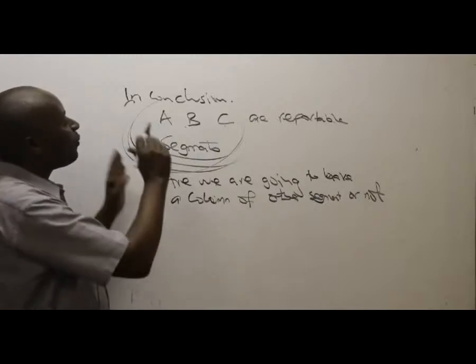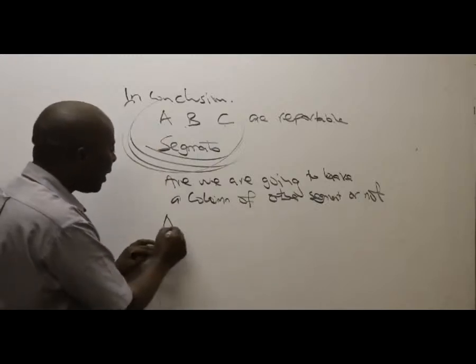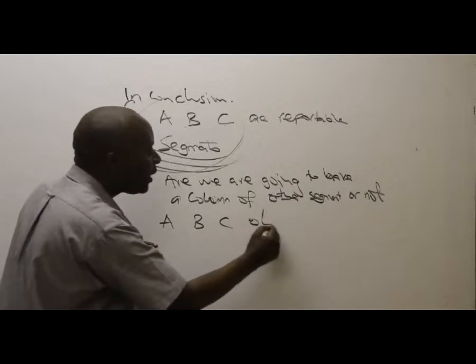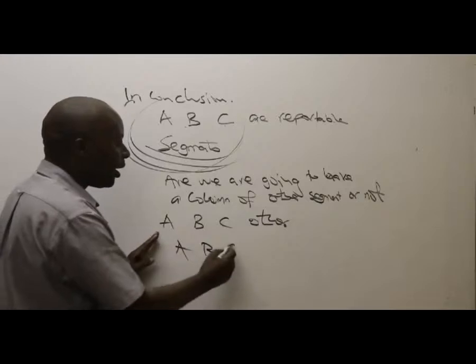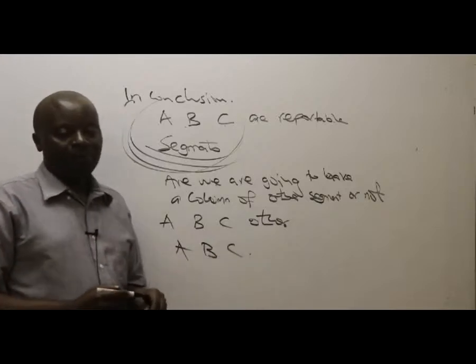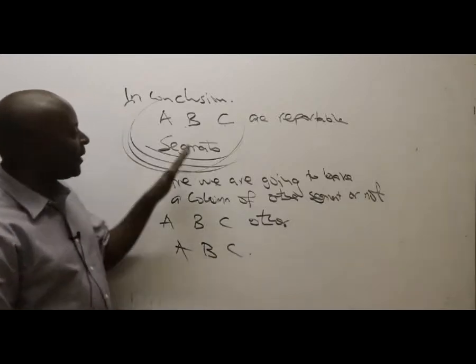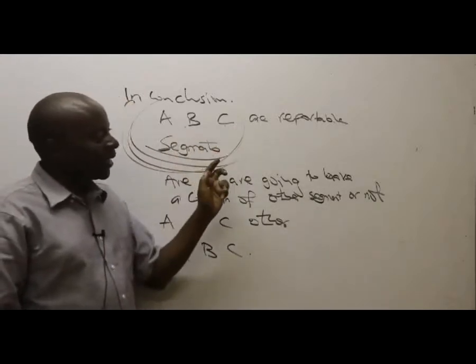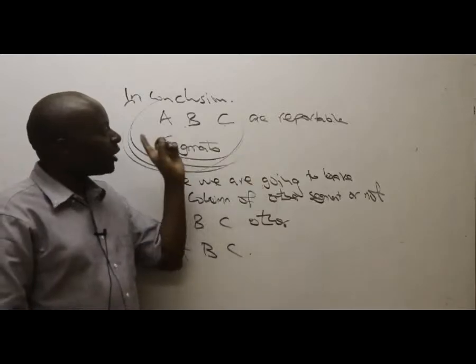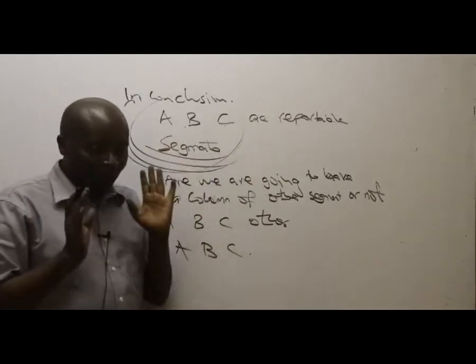Yani, when you do segmental reports, you will write ABC and then write other, or you will write just ABC alone. So once you have said these are reportable segments, the question is very clear, and I hope everybody is able to understand this. Once you establish that ABC are reportable, fine.